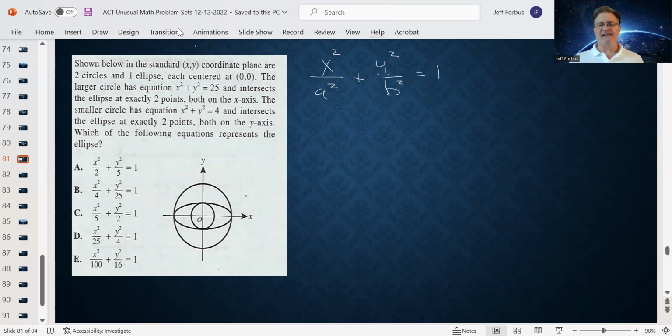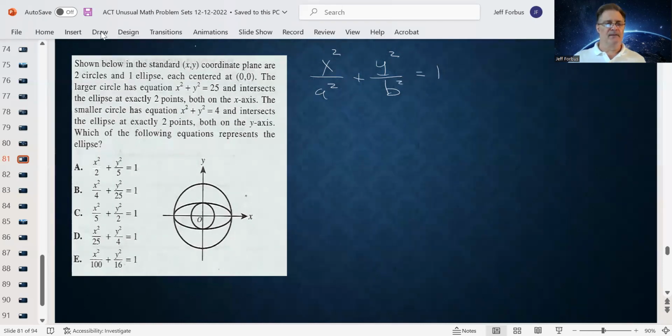Now, a and b can be interchanged depending on how the ellipse is stretched out. If it's stretched out over the x-axis, the a squared stays with the x. If it's stretched out over the y-axis, the a squared and the b squared interchange.